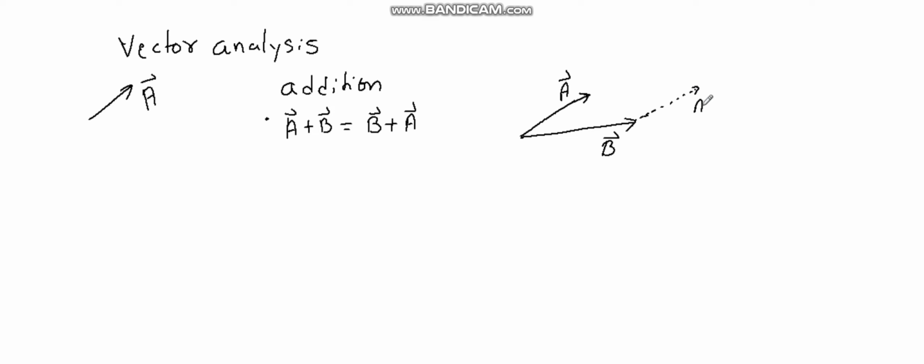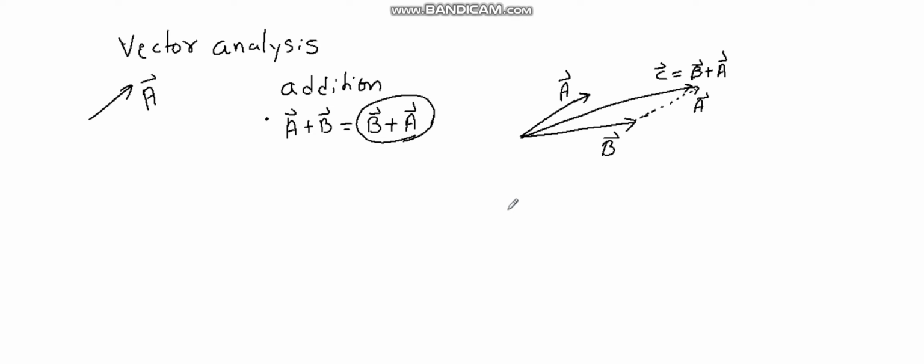So this is the same A vector just been transported. So the resultant vector will be this vector. This is, let's say, C vector. So C vector is B vector added to the A vector. So we are just adding this vector first.